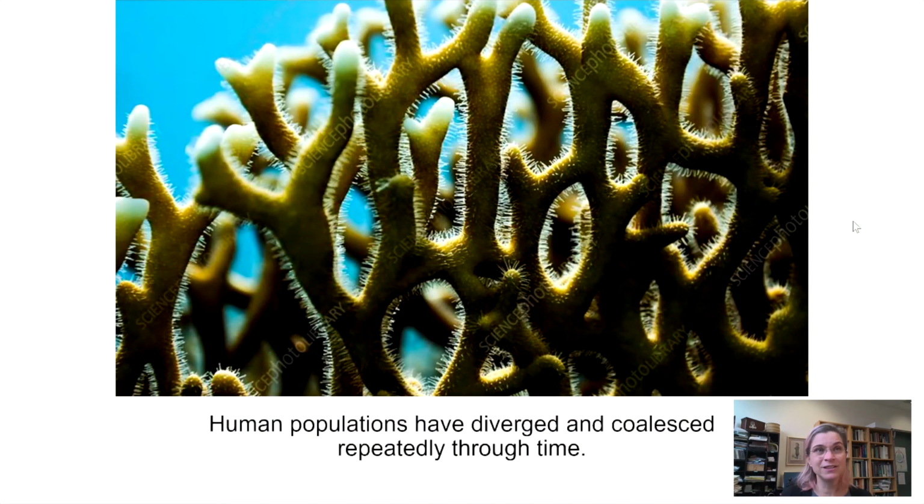And so basically you have human populations diverging and coalescing repeatedly through time. And so it's just this much more complicated intertwining, coming apart, forming back together, in response to cultural change, in response to technological innovation, in response to climate change. This is what recent human evolution looks like.